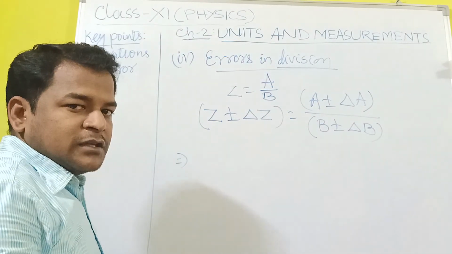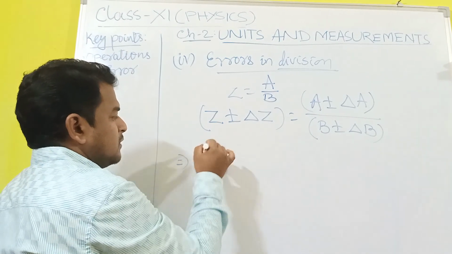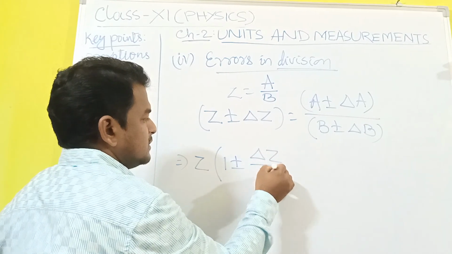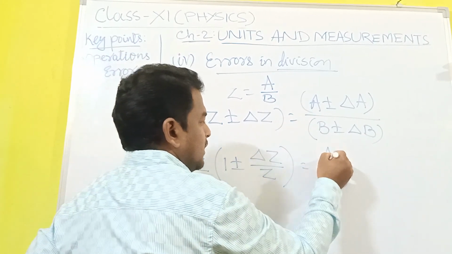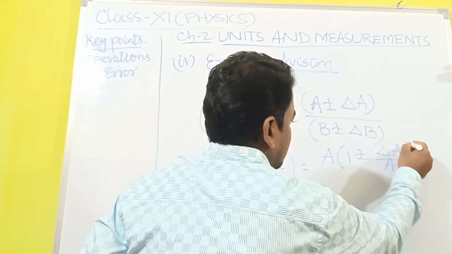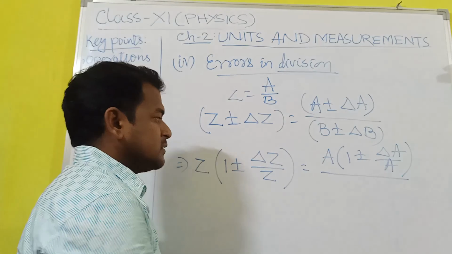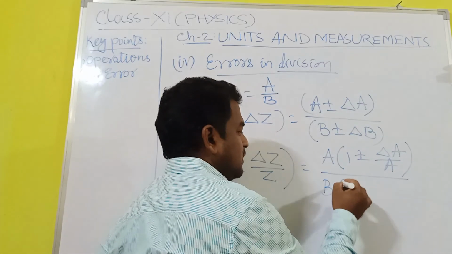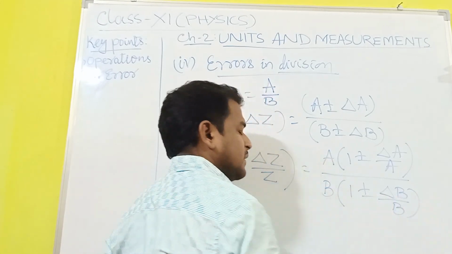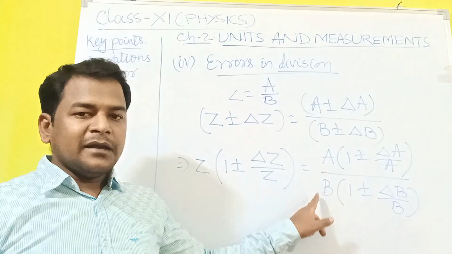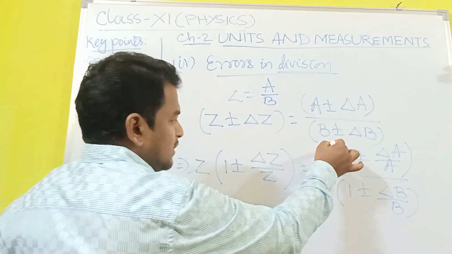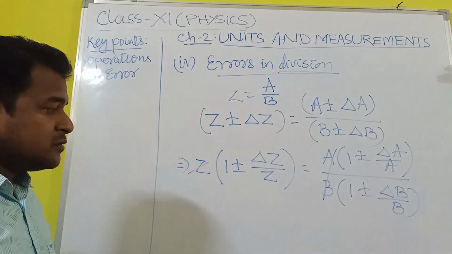Here taking common z, 1 plus minus delta z by z, taking common a, 1 plus minus delta a by a. Simply take common b, 1 plus minus delta b by b. Now a by b means z, so this ab will be cancelled out.